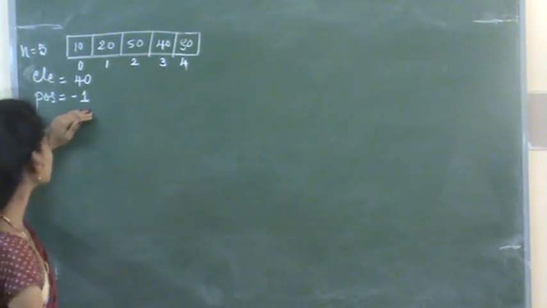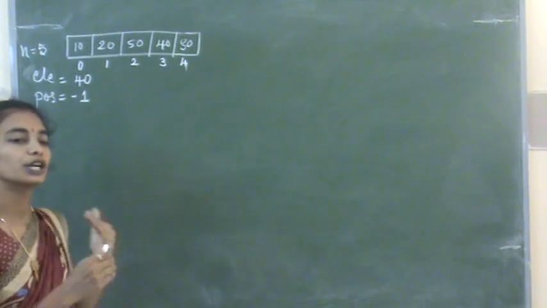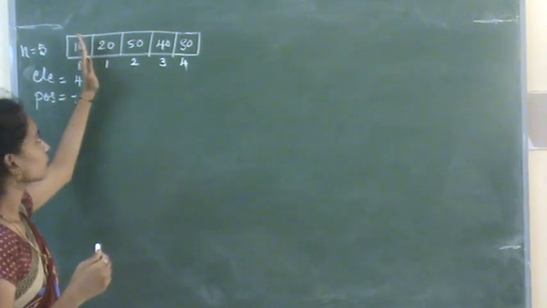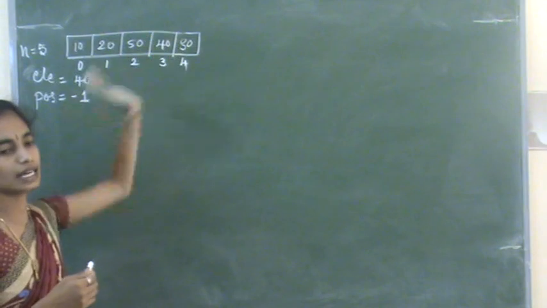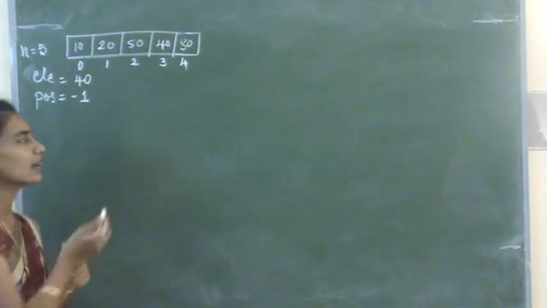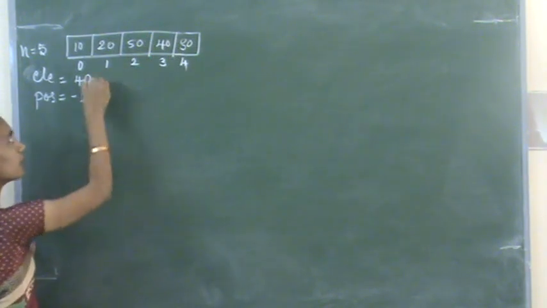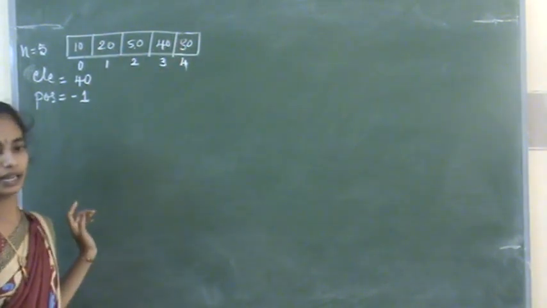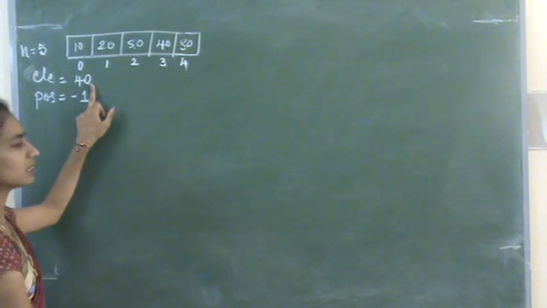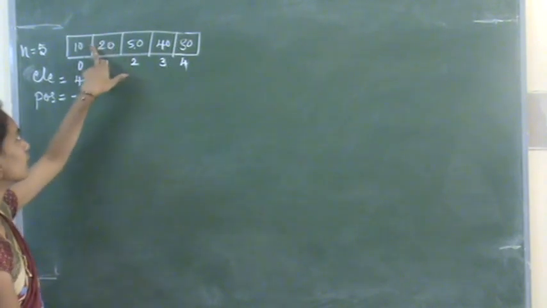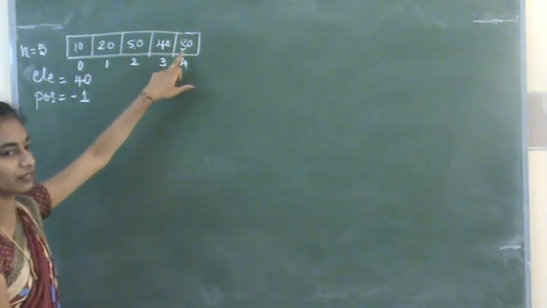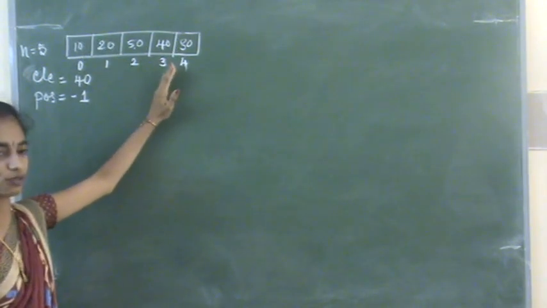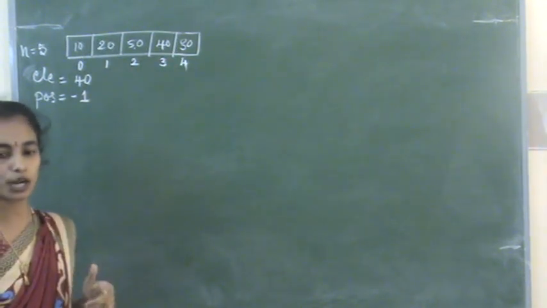Okay, so after this we are using a for loop to increment and compare with all the elements. Linear search means we are comparing the search element to each and every element present in the array. So we are incrementing the index value, and we are using a for loop for that.